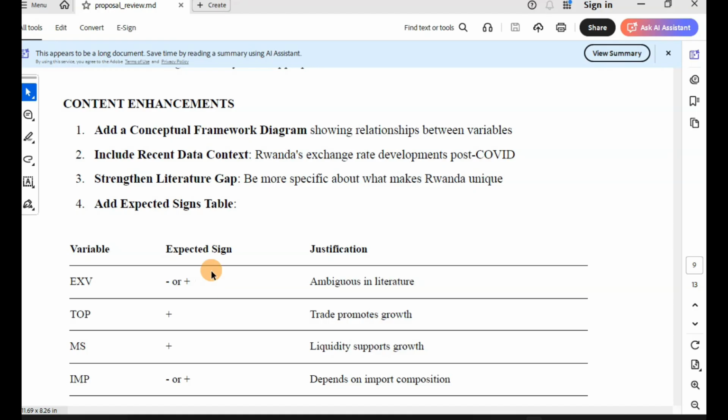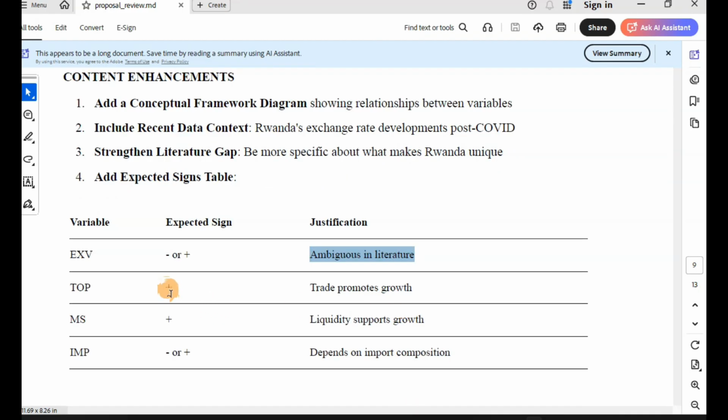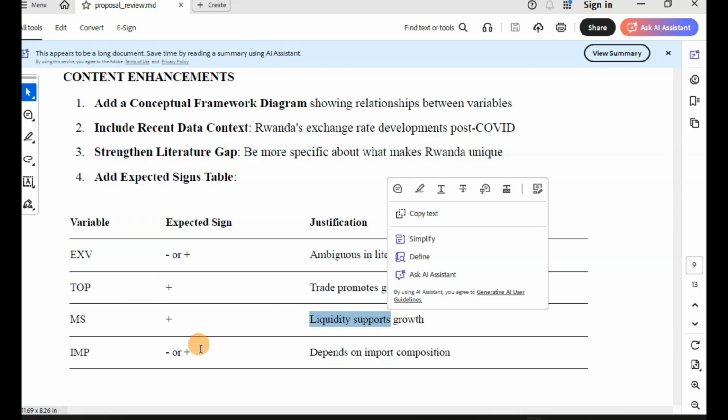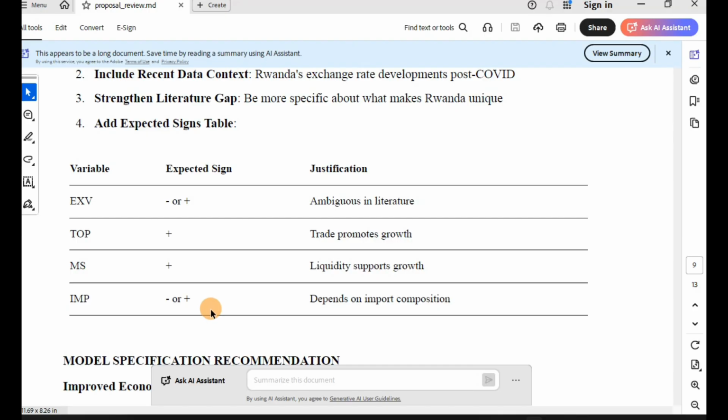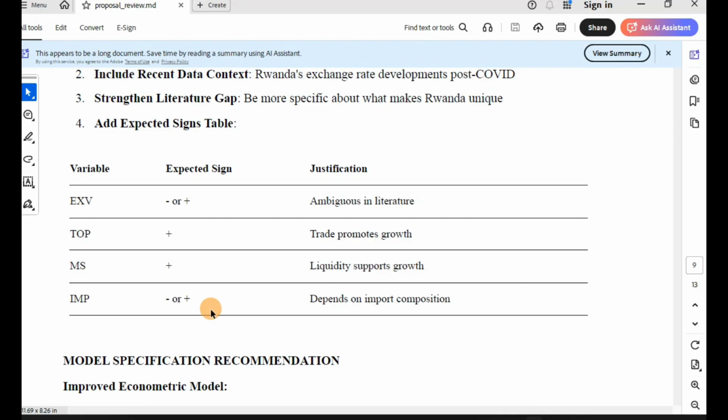That's why even the researchers are meeting with ambiguity. But trade openness, it's positive. Trade promotes growth, it's positive. Money supply, it's positive. It's not to say that it is positive, but it is in the same direction.